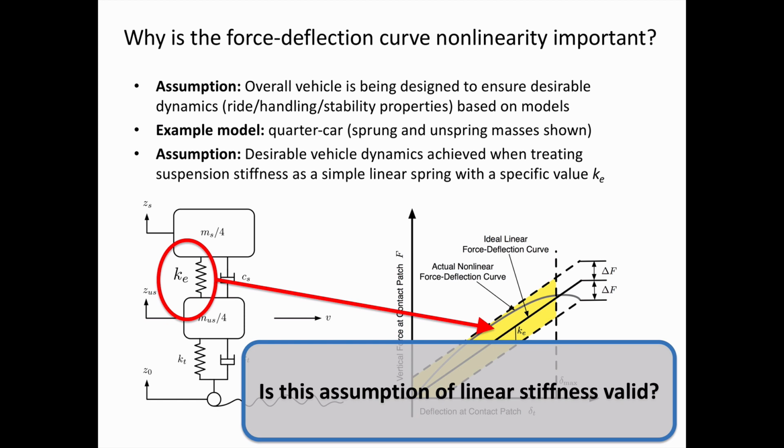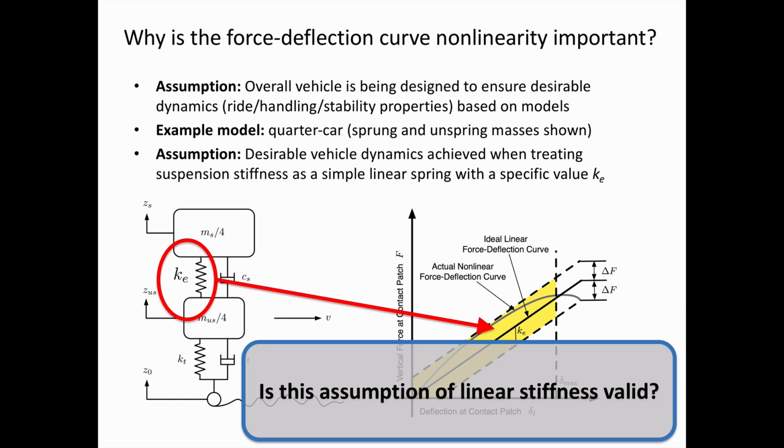So one question we should ask is whether this assumption of linear stiffness is valid. We are going to operate in this project with the assumption that as long as we stay within this window, we are okay and the design is going to work. So that's what you need to focus on.